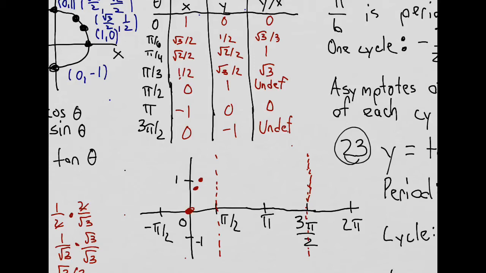Square root of 3 is about 1.7, which is kind of up there. So notice, the tangent goes above 1. Sine and cosine, unless you transformed it in some way, always was between negative 1 and positive 1. Not so for tangent, right? Tangent can actually go to plus and minus infinity, depending on how close you get to the asymptotes.